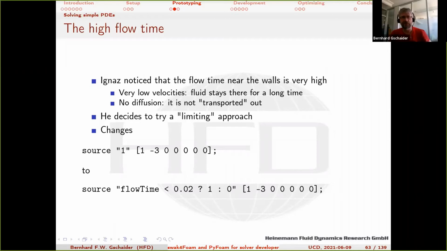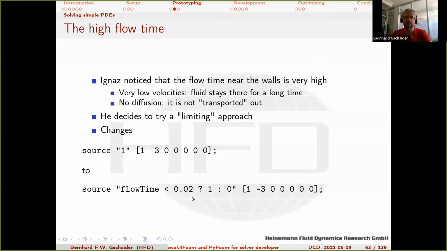Flow time is only transported by convection, not by diffusion. So it's very hard for the solver to transport out the flow time. So what Ignaz does is, just for the fun of it, he tries to limit the flow time. He replaces the source term with a constant value of 1, with a conditional flow expression.